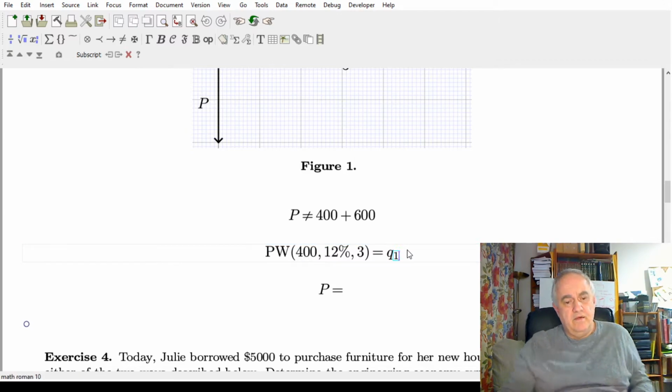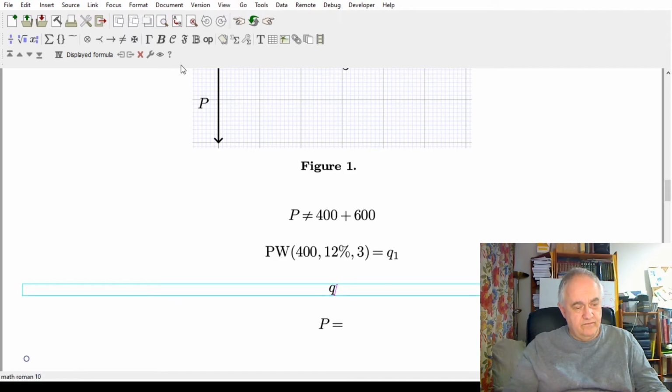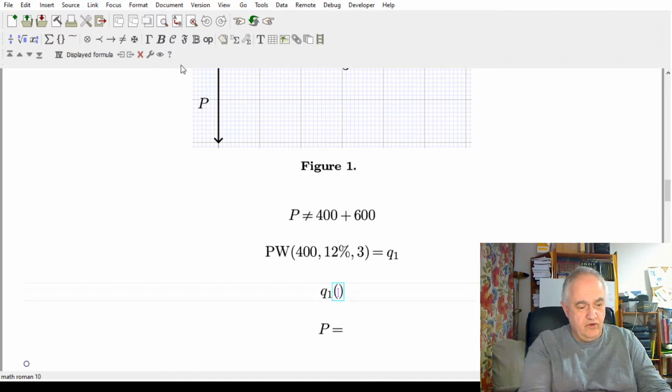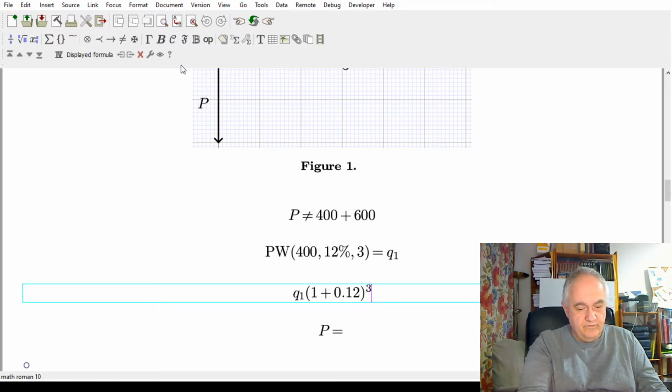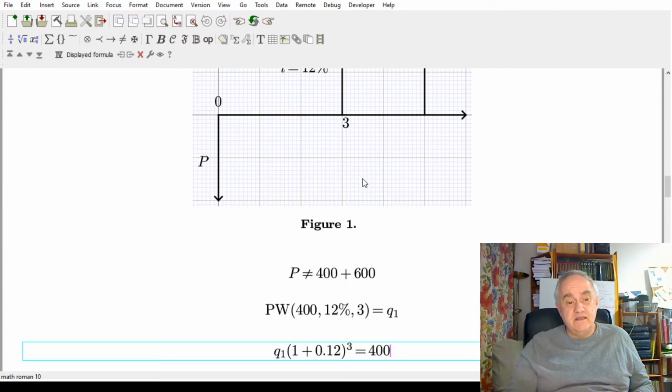We still don't know what Q1 is. What do I know about Q1? Well, we obtained in the previous exercise that Q1, if kept in the bank during 3 periods, will be transformed into 400, as we did before. The only difference is that now we know the rate of interest and we don't know the initial value, and from this we can obtain the present worth.